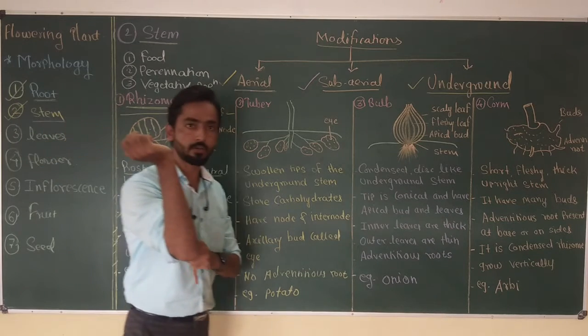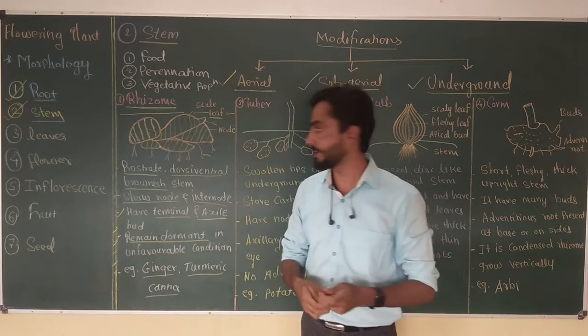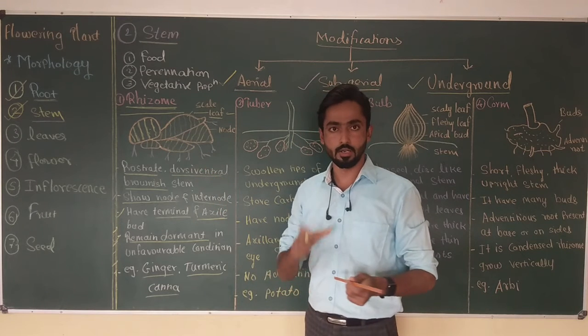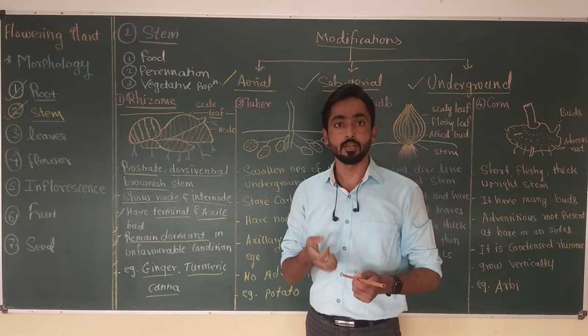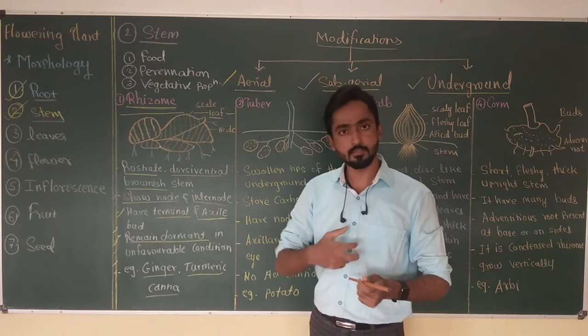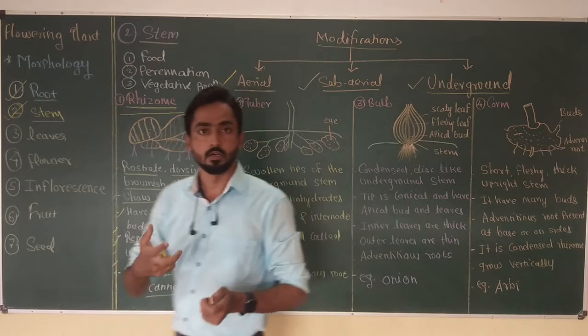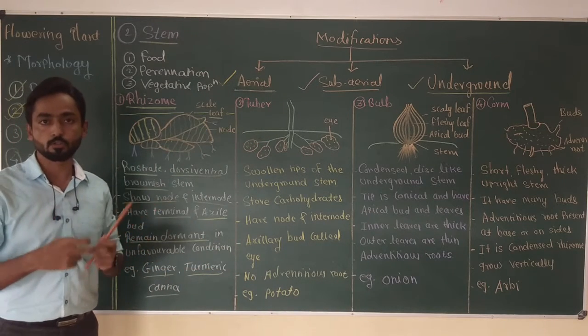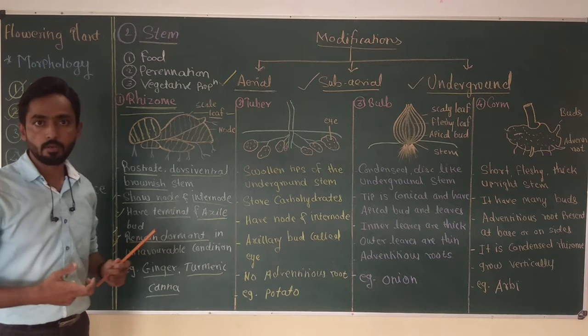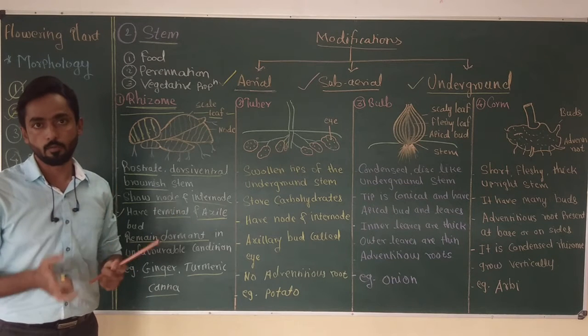When the environmental conditions are unfavorable, the rhizome is going to remain dormant. Okay, growth of the rhizome gets halted. And once the condition becomes favorable, the terminal bud of the rhizome gets initiated, or the growth of the terminal bud begins in favorable condition and a new shoot system develops.